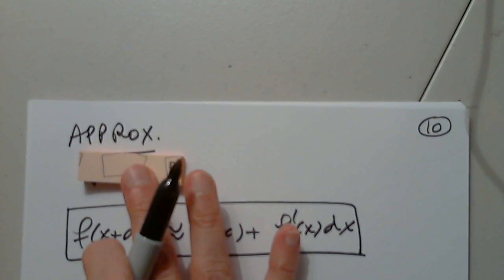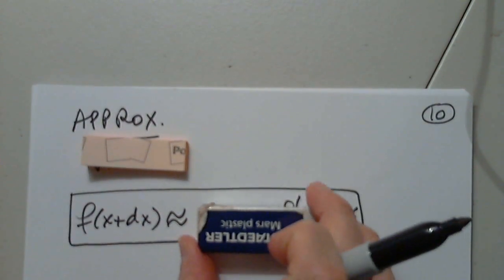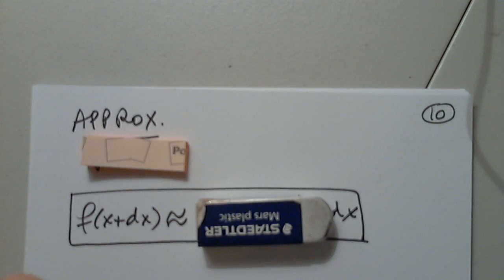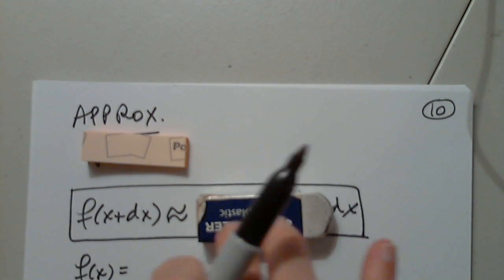Before I even uncover this, I know exactly what I need to find. I need to find f of x, I need to find x, and I have to find dx. Once I have the function, x, and the error, or minor change, the rest follows.